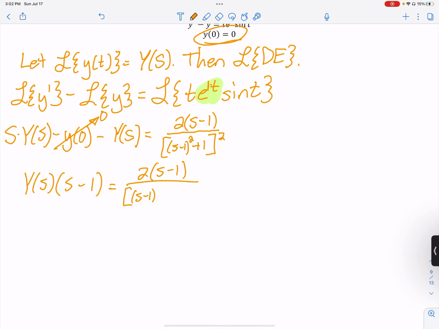Okay, s minus 1 squared plus 1 squared. I divide both sides by s minus 1. You can see why I didn't want to multiply that out, leaving me with 2 over s minus 1 squared plus 1 quantity squared. All right, now we are down to a big Y of s that looks familiar.